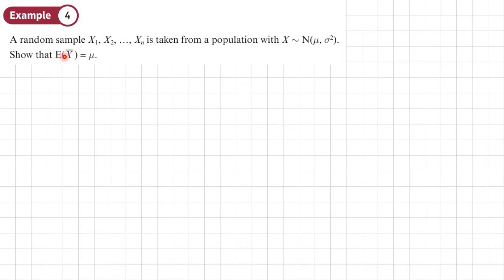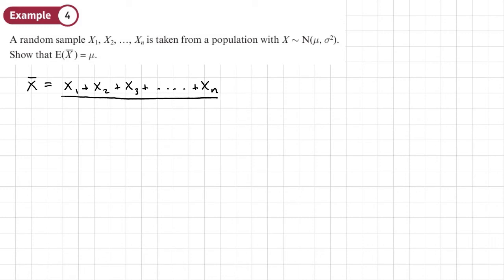We worked out the mean from all of the different possible samples, we worked out the expected value of all of those means, and it equaled the population mean. I think it was something like 2/5 in that. But here we want to prove it algebraically. So first of all, we're going to start by saying, well, how do you find x bar? Well, you find x bar by adding together all of your random variables and then dividing that by n.